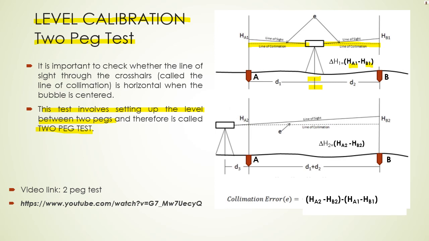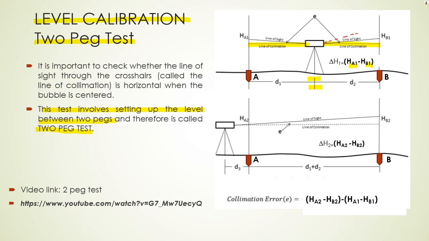In this step, if there are errors in the readings, they will cancel, because the same error will occur as you have the same distance from the instrument to point A and point B. Assume, for example, that the line of collimation is not horizontal and has an angle with the horizontal line.